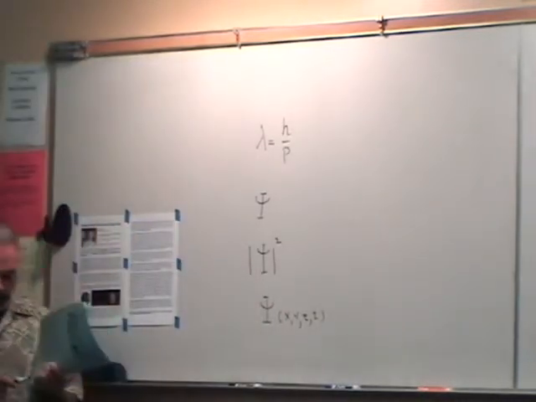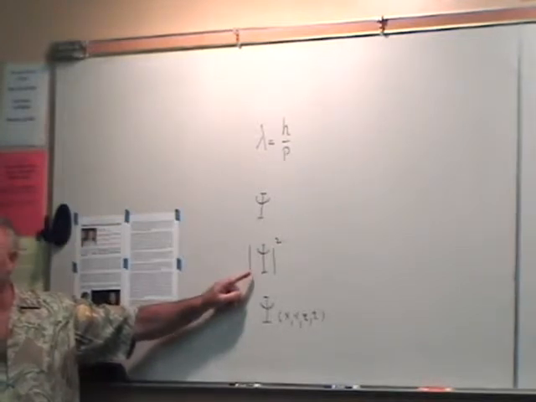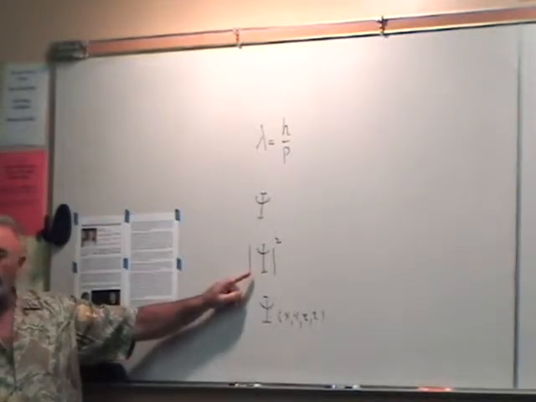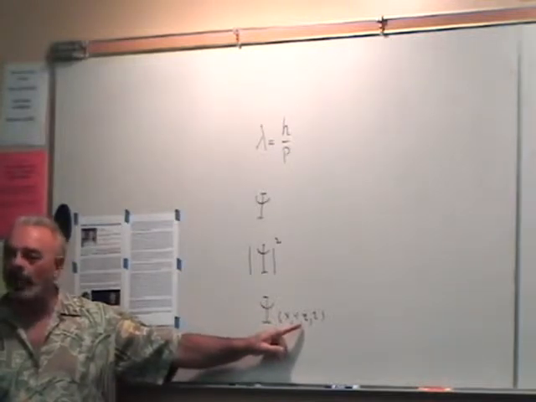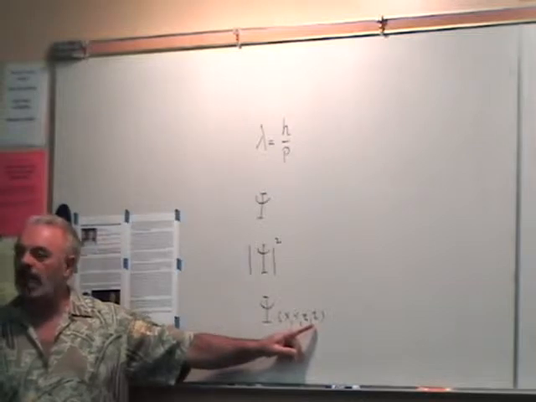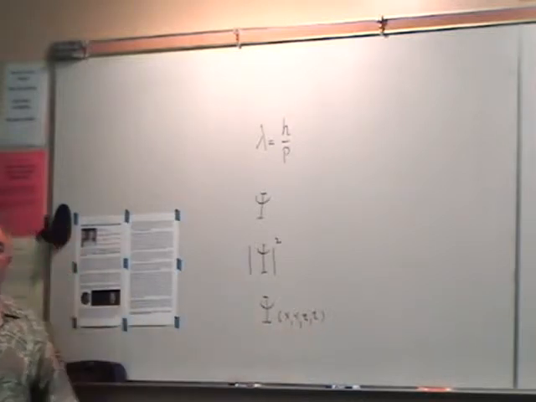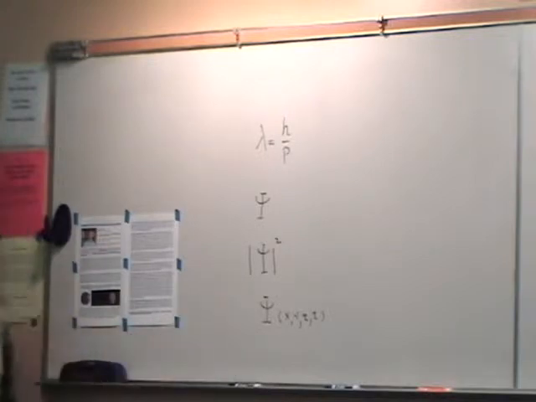And when we're evaluating the absolute value of psi squared, we have to insert a specific x, y, z to represent a certain point in space and a specific time t to actually get a numerical value and evaluate this thing.